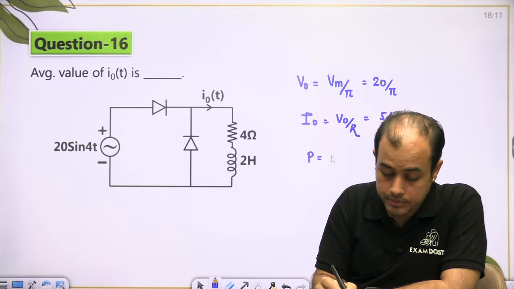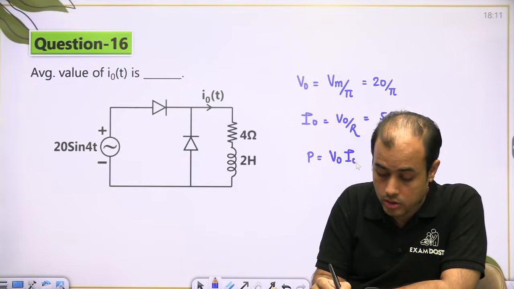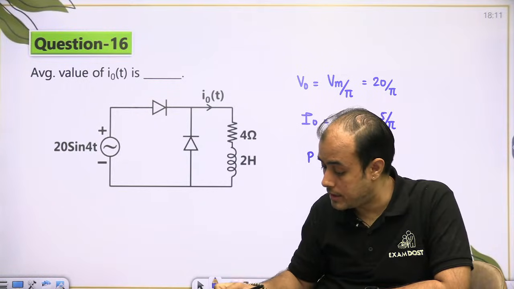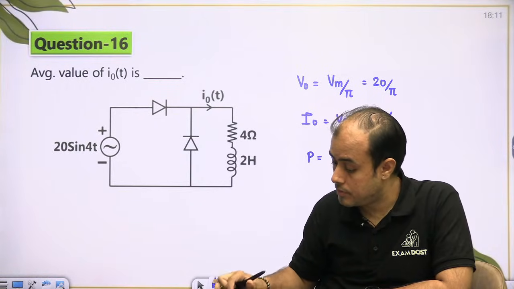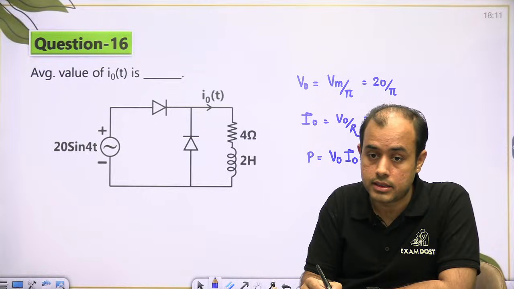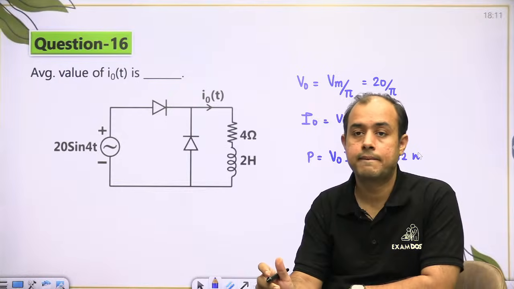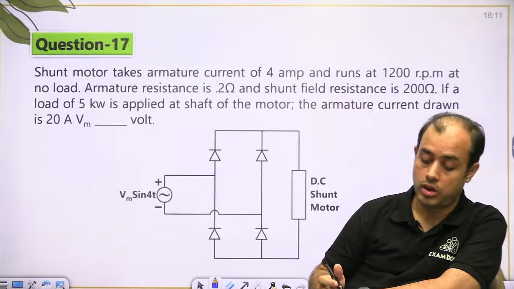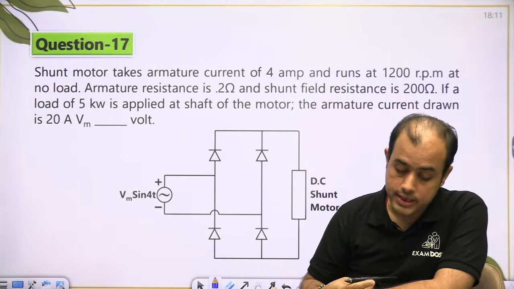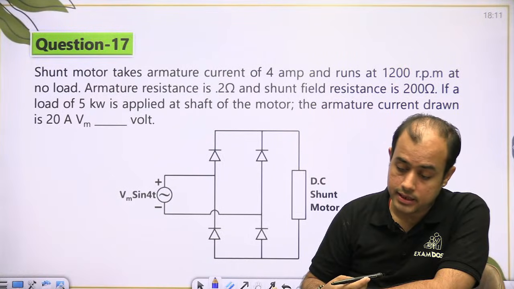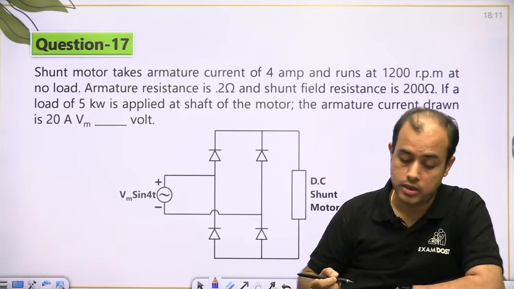So power is V naught I naught, 100 by pi square, 10.132. Okay, 10.132 watt.